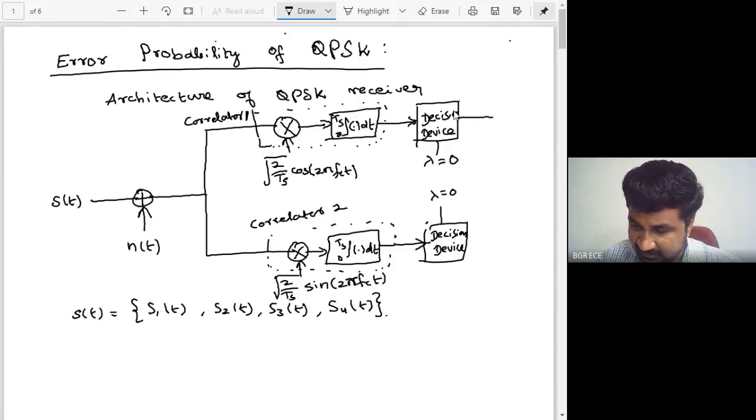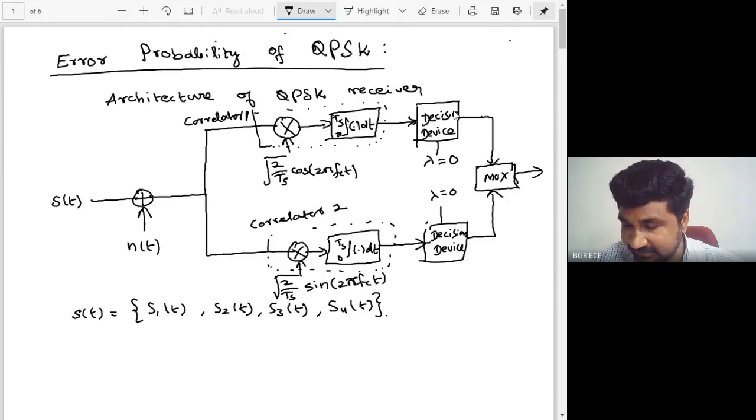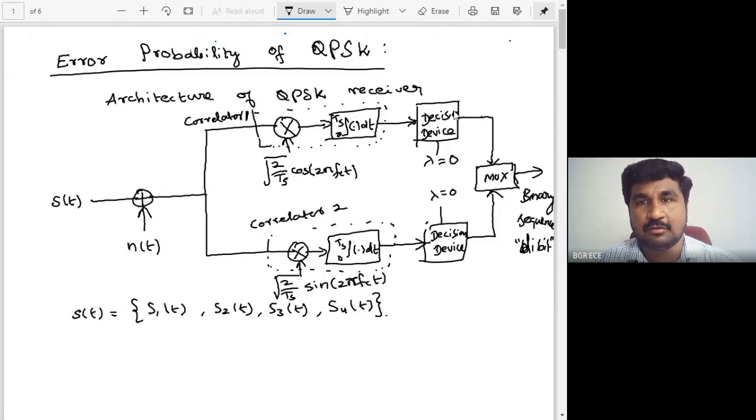And the outputs of the decision device are multiplexed, and the corresponding binary sequences come at the output, where each sequence will have one bit. Each clock we have one dibit output at the receiver.